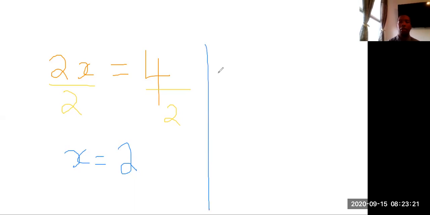Let's do another example. Negative 3z is equal to 12. Since this is negative 3z equals 12, I need to find what z is.